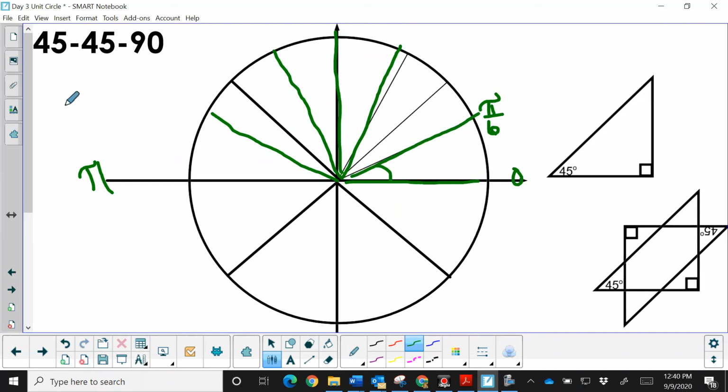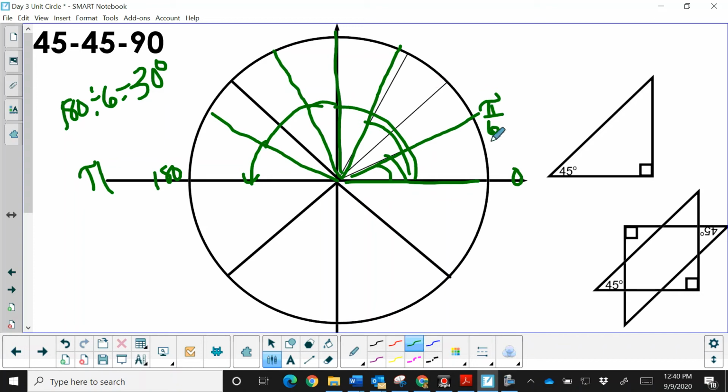So I'm taking 180 and dividing it into 6 parts, and that makes 30-degree angles. So 30, 60, 90. 90 plus 30 is 120. 120 plus 30 is 150. 150 plus 30 is 180.